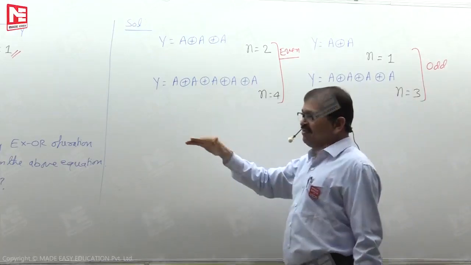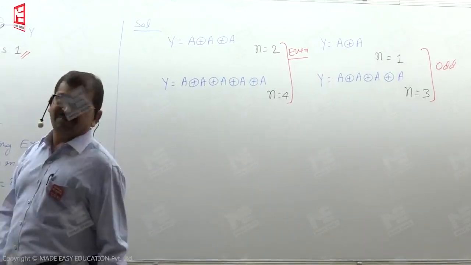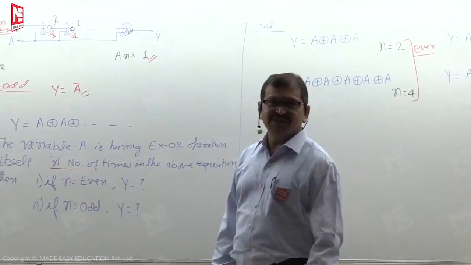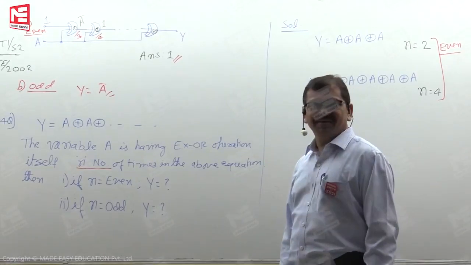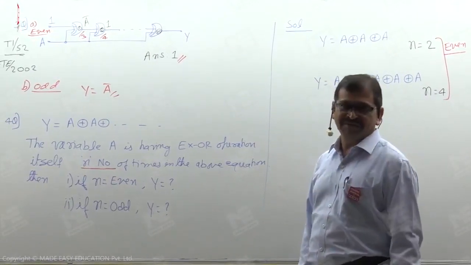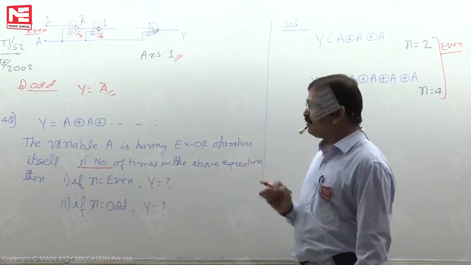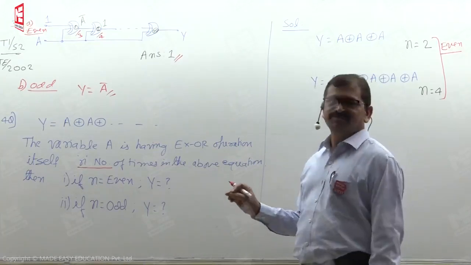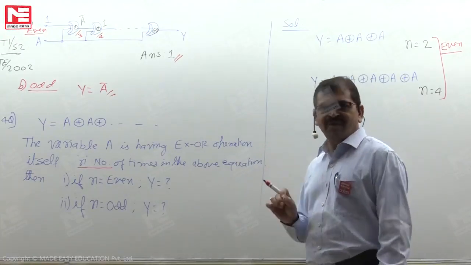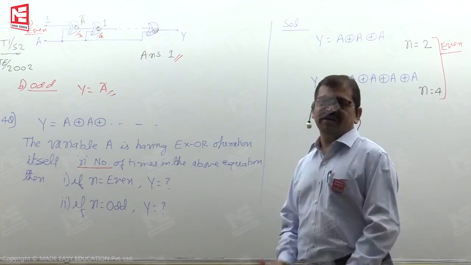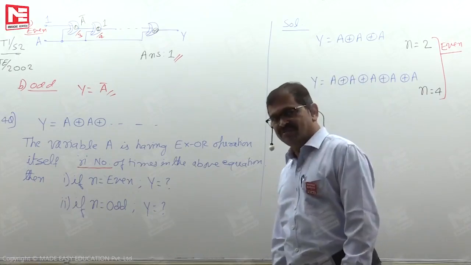If you look at this statement well, the statement is not on the repetition of the variable A. The statement is on the repetition of the operator. So it is related to the operator. Be careful. Whenever we have questions of this nature, it is always good to read the statement more than once. When in the exam hall, I am suggesting, small wording will make a difference to getting the right answer. Variable A is having XOR operation with itself n number of times.